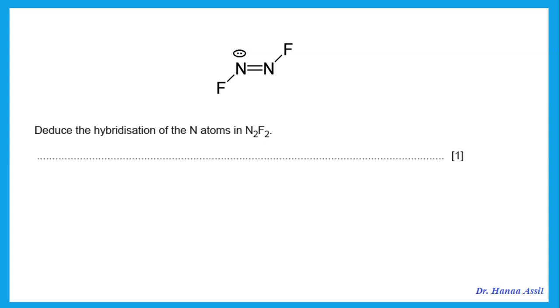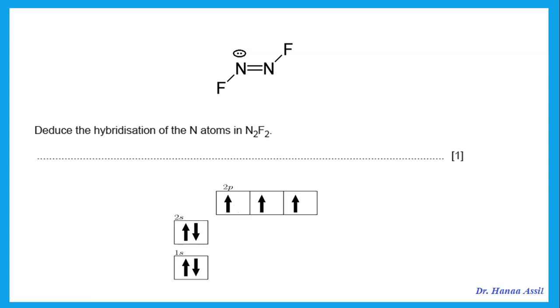Okay, what about this molecule? This is nitrogen. It has a lone pair of electrons and it is making 2 sigma bonds and 1 pi bond. Now, what is the electron distribution of nitrogen? Nitrogen has 7 electrons: 1s2, 2s2, 2p3. How are we going to distribute these electrons?